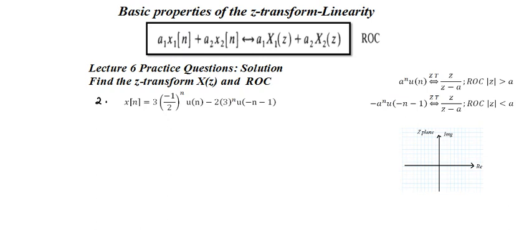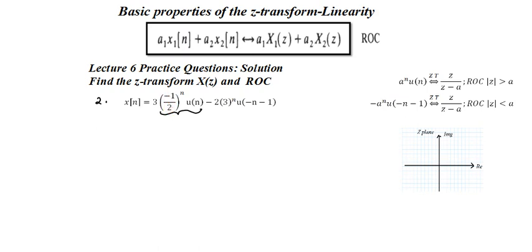Again, in this particular question, there are two parts, 3 into a signal minus 2 into another signal. One is a causal signal in this form, and another one is the anti-causal signal. So now we can directly write the result. If you take this portion, I can write the Z transform like this. One important point in this question is that this factor is minus 1 by 2.